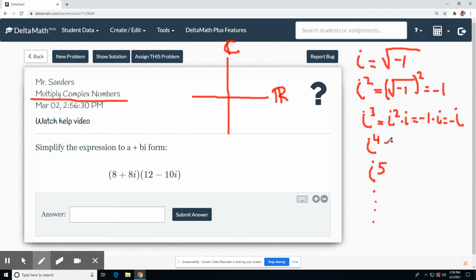i to the fourth, you can think about it as i squared times i squared, which is going to be -1 times -1, which is equal to 1. And then i to the fifth is like i to the fourth times i, which would be, i to the fourth is 1, 1 times i is i.